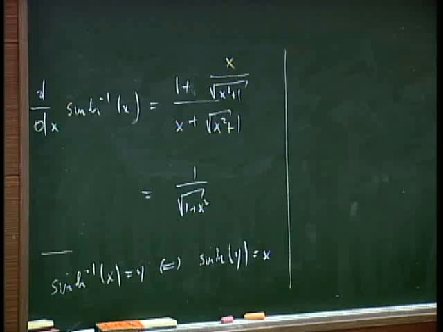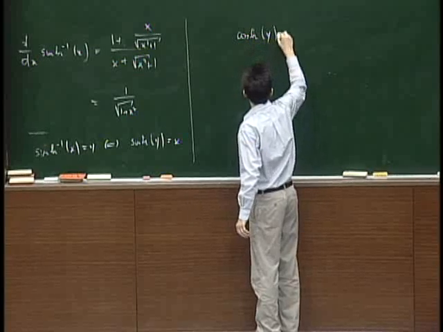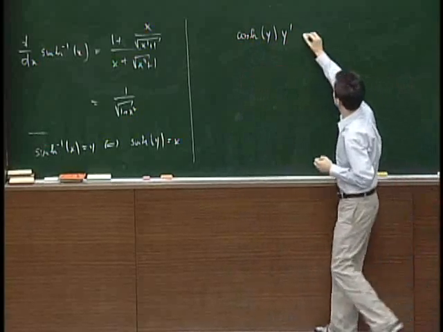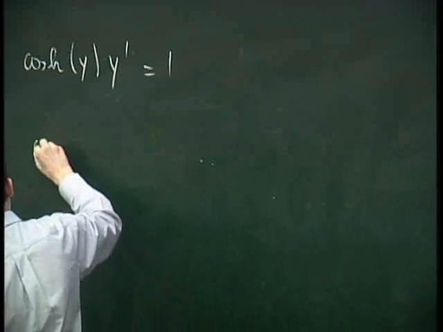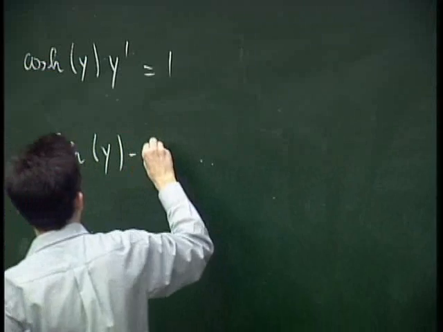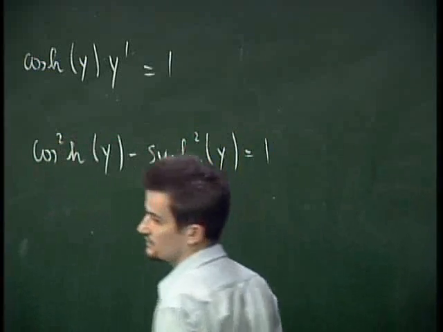We know that the derivative of the hyperbolic sine is the hyperbolic cosine. So you have the hyperbolic cosine of y times the inner derivative, which is the derivative of y, is equal to 1. Okay, and we remember that the hyperbolic cosine square minus the hyperbolic sine square is equal to 1.